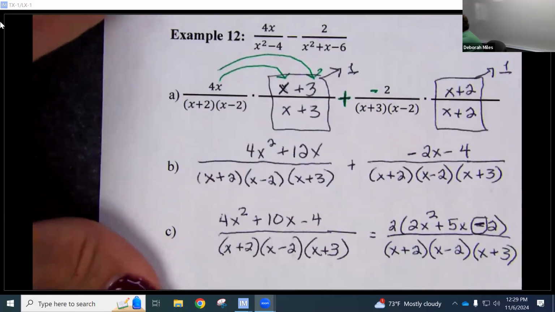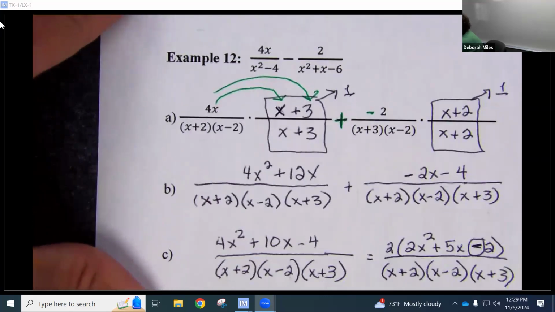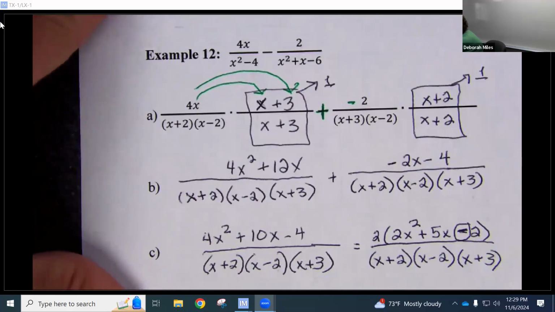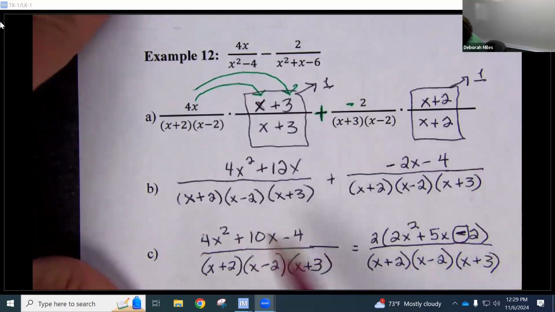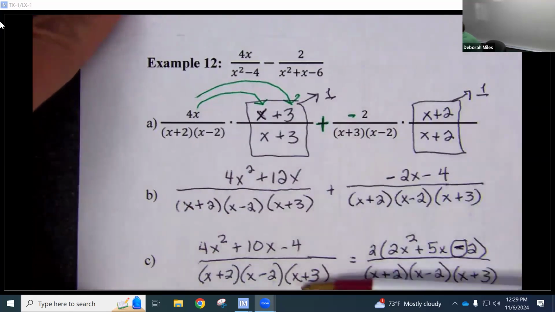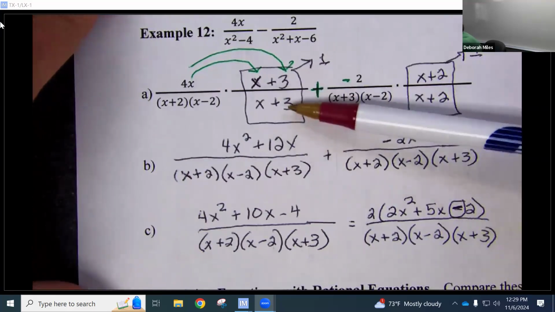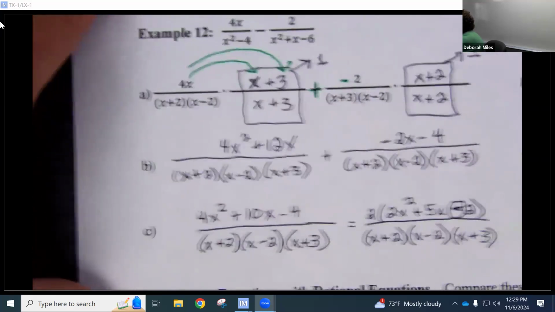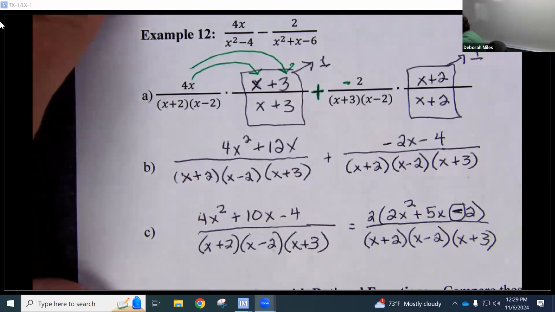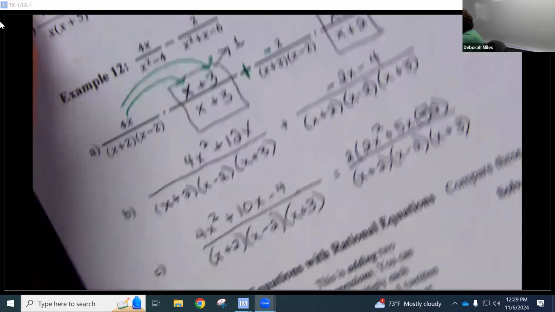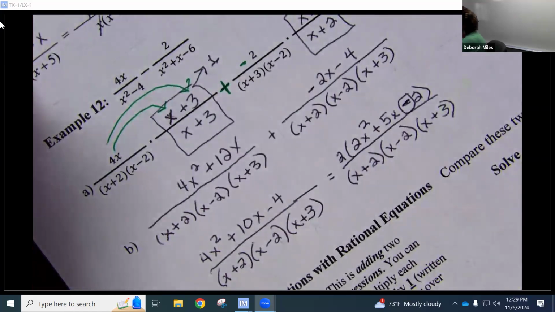I will tell you, the more neatly you write it, the higher the chance you'll get the right answer. When you're doing your homework, do it just like we did this. Copy down the original problem and then number your steps, A, B, and C. If it takes you more than step A, B, and C to get the right answer, or if you're writing sideways on your paper, you're probably confused.